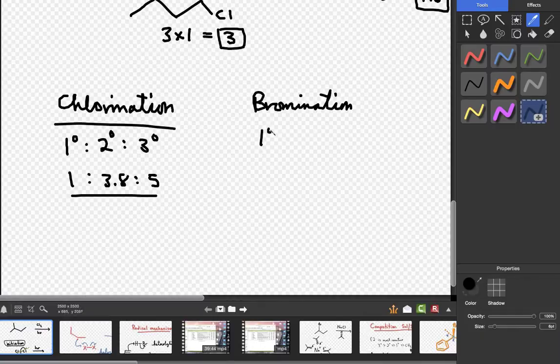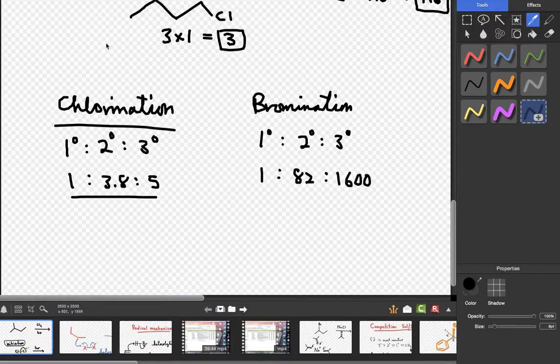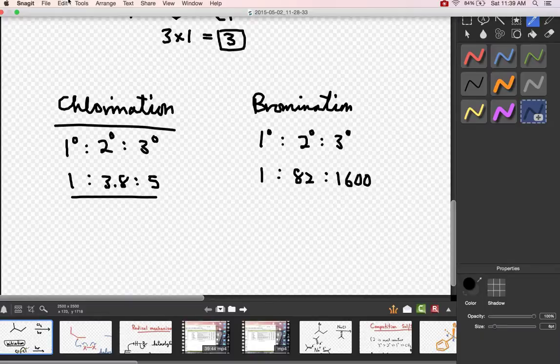Bromination, primary to secondary to tertiary, is 1 to 82 to 1600. Let's look at the same products again, only now let's look at bromination. To do this, I'll need one more palette.